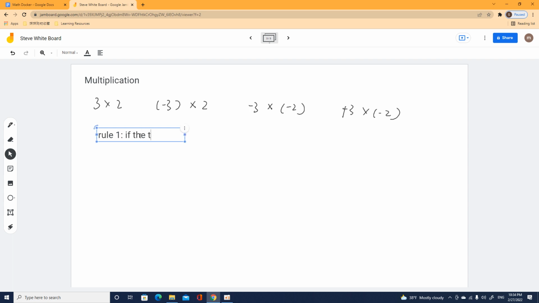If the two numbers have the same sign, the result will be positive.